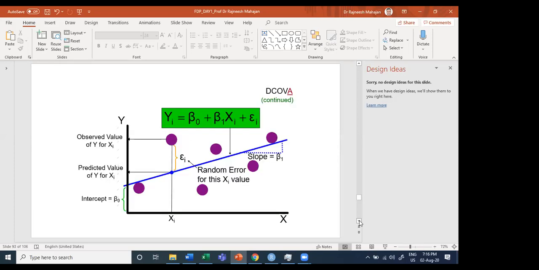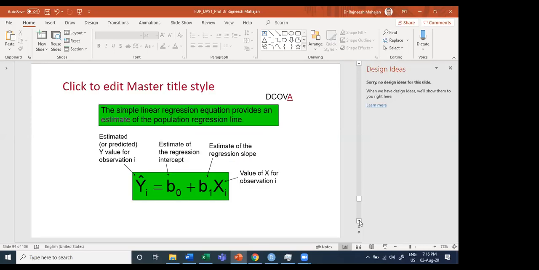This is the slope, which is beta 1, and this is the straight line moving from 0 upwards towards the right. So the demand curve has been shown like this. This is the regression relationship depicted in the simplified regression equation.